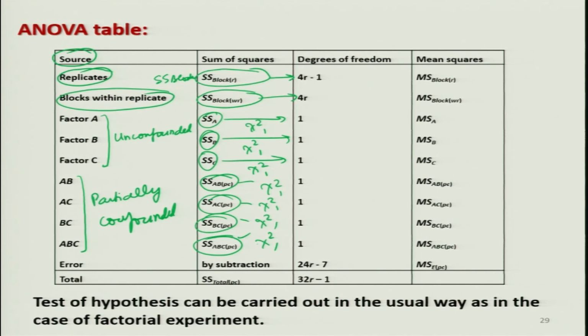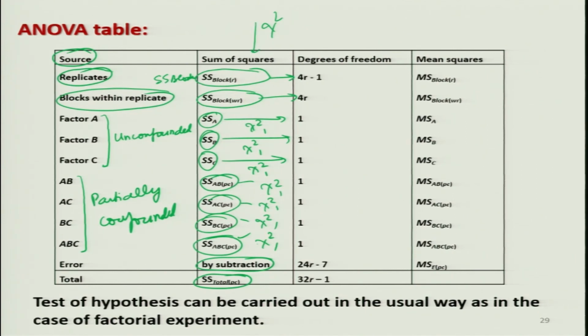And then we have obtained the sum of square due to total, and then SSE can be obtained by subtraction, so that the Fisher-Cochran theorem holds true. Each of these sums of squares is going to follow a chi-square distribution with their respective degrees of freedom.